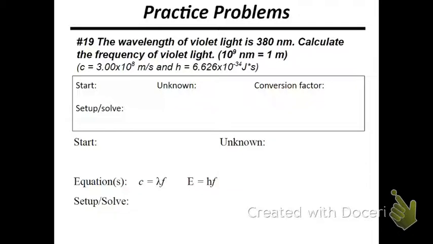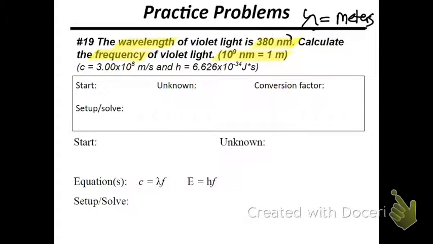All right, number 19. The wavelength of a violet wave is 380 nanometers. Calculate the frequency of violet light, and they also give us a conversion factor. That alone should tip us off that we need to be doing a conversion. Why? Well, wavelength, when we do the calculation, needs to be in meters.